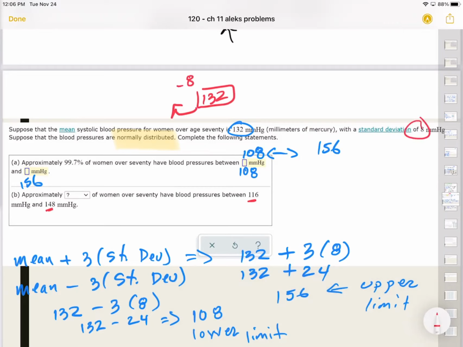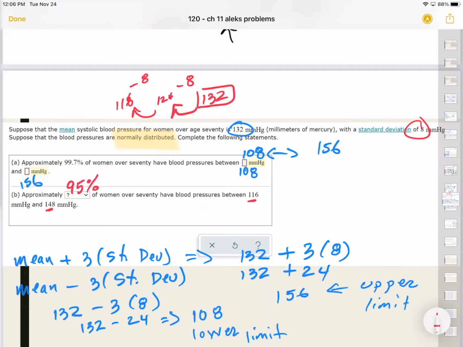If you subtract 8 from 132, that gives me 124. If I subtract another 8, that gives me 116. So you can expect that if you add 2 standard deviations, you get 148, and if you subtract 2, you get 116, because there are 2 standard deviations.